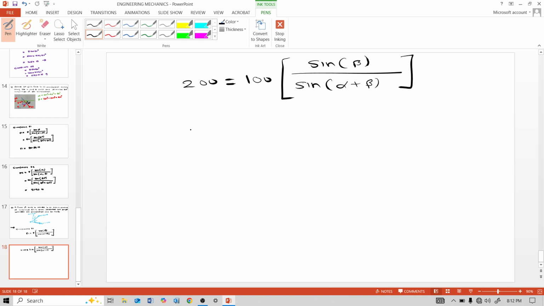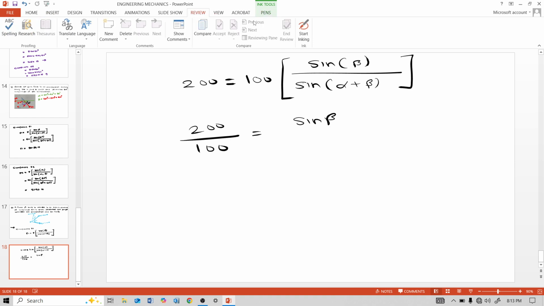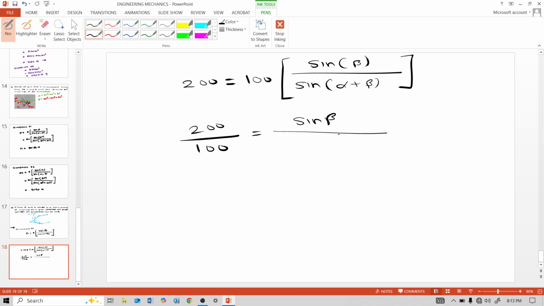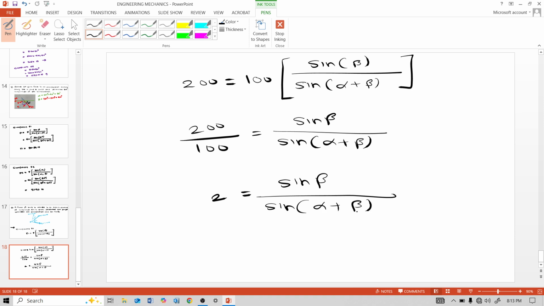Mathematically, 200 upon 100 is equal to sine of beta upon sine of alpha plus beta. So 200 upon 100 is 2, which is equal to sine of beta upon sine of alpha plus beta. Consider it as equation 1.